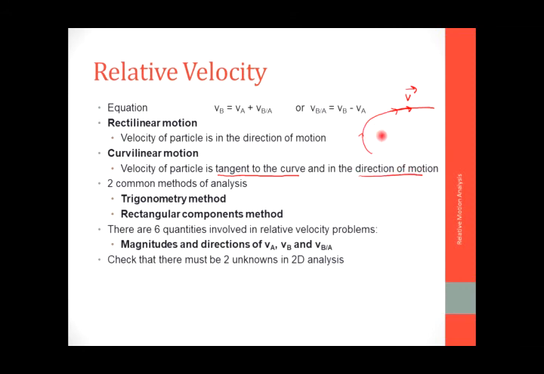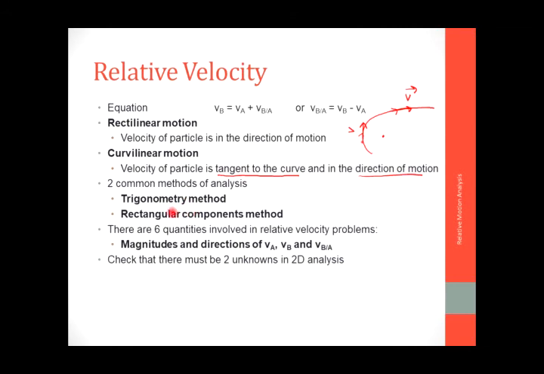So here we have the center origin here, and the tangent is like this. So V is like this, that means toward up, because it follows the direction of motion.